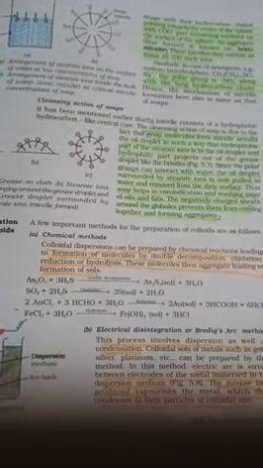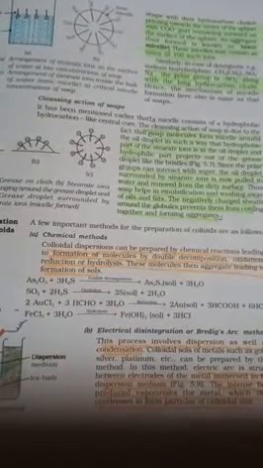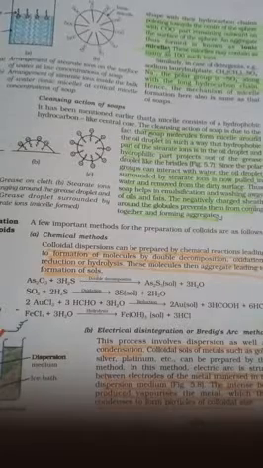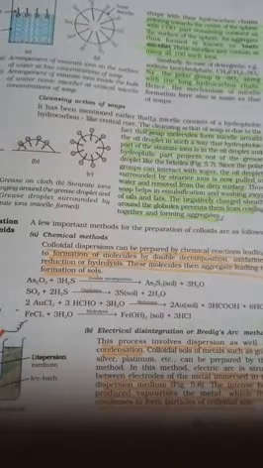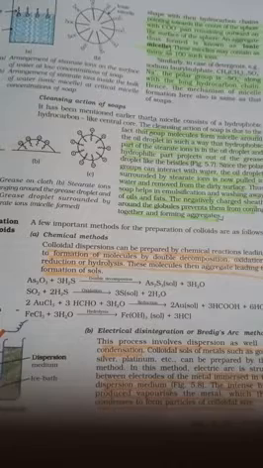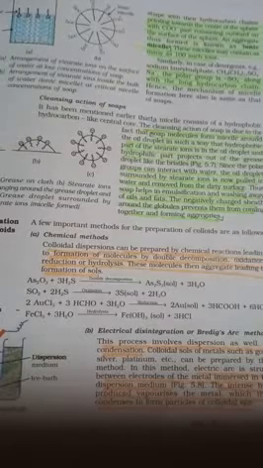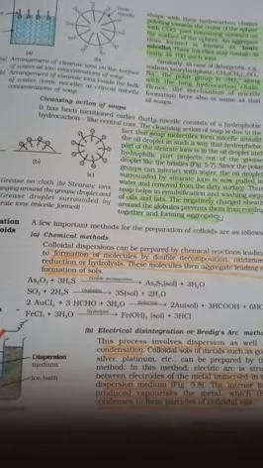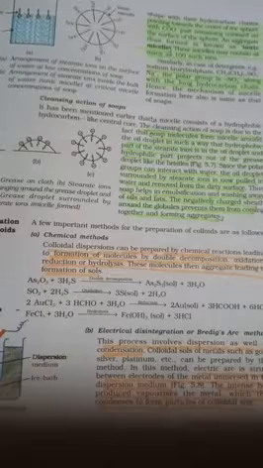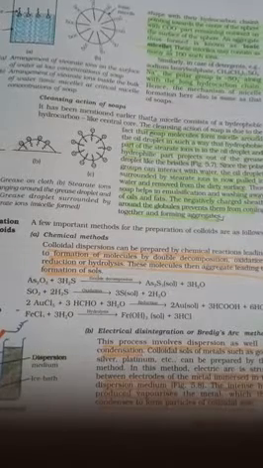Now let us see the difference between soap and detergent. Soaps are sodium or potassium salts of long chain fatty acids. Whereas a detergent is a sodium or potassium salt of sulfonic acid.